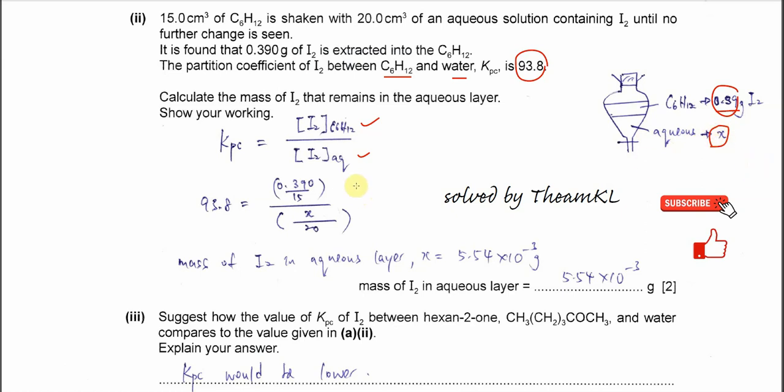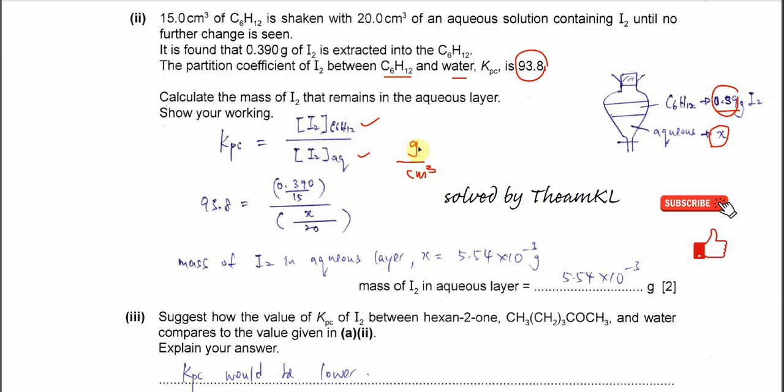In this question, we can straight away use the concentration as gram per volume, in this case gram per cm cube. This is alright because it's the same compound, both iodine, so using gram is enough.